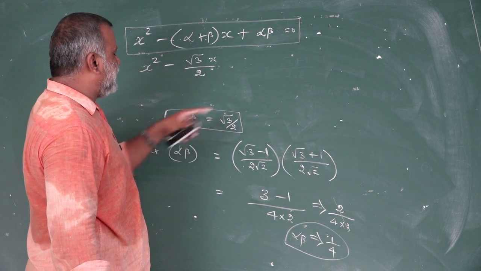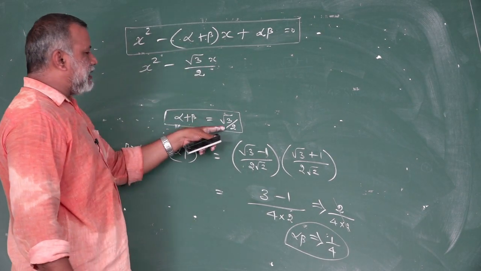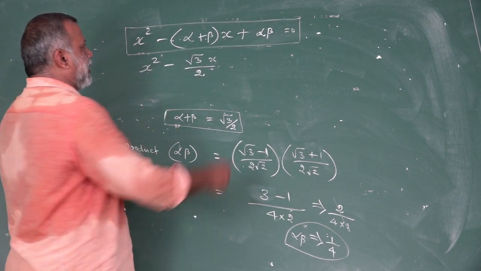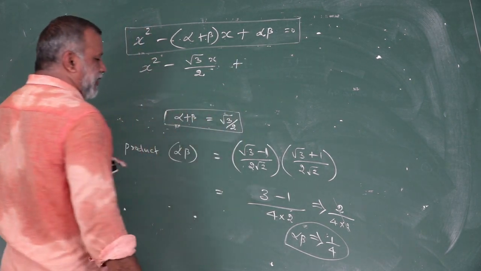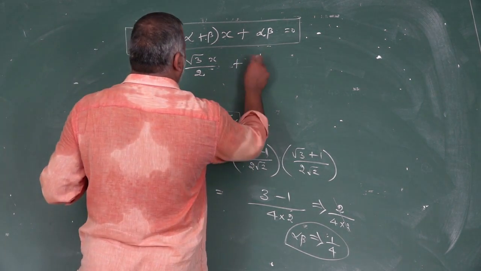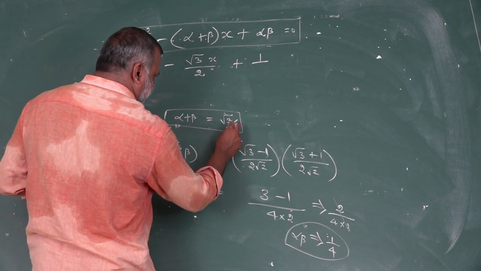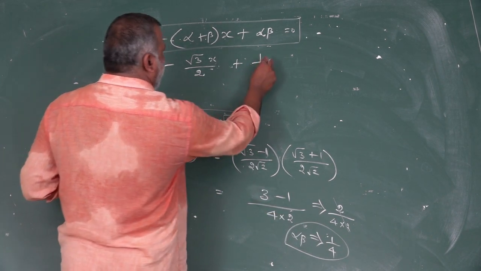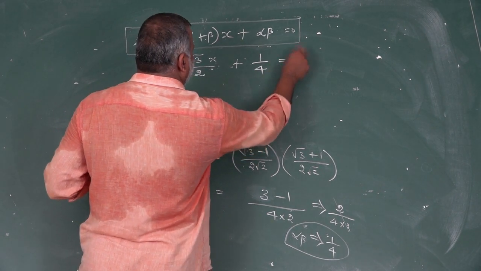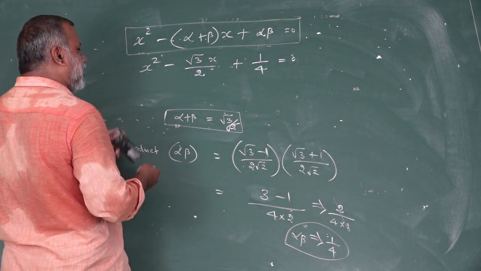Again plus alpha beta, which is 1 by 4, equal to 0. I think it may be root 3 by root 2 here, sorry. Correct the result of alpha plus beta.